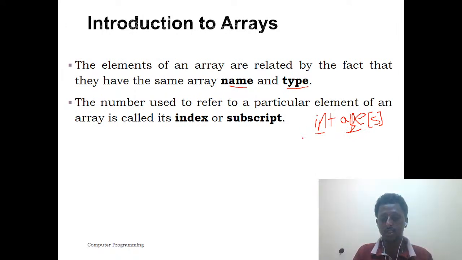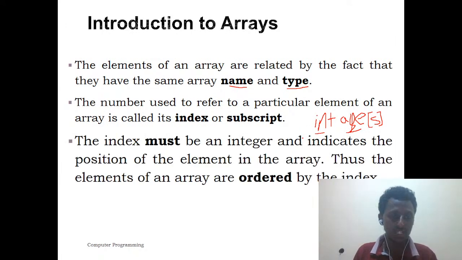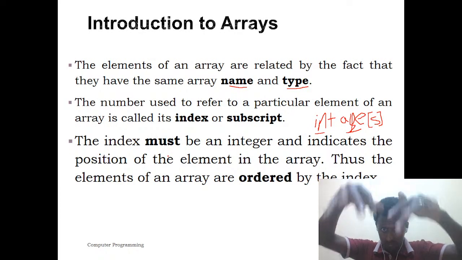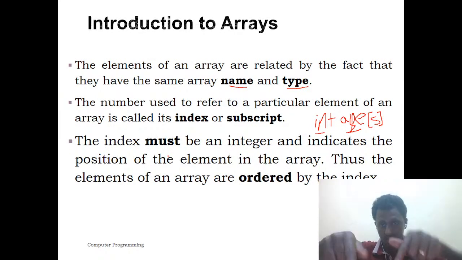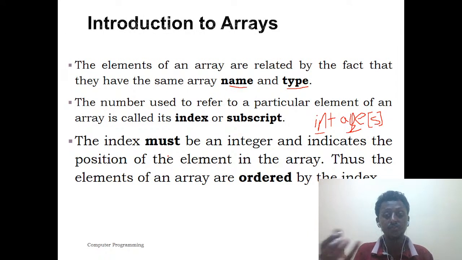Good. The index must be an integer and indicates the position of the element or value in the array, not the value, the position, the location. The elements of an array are ordered by the index, because indexes are used to locate the values of the elements of that array.